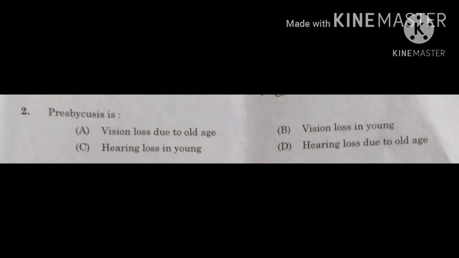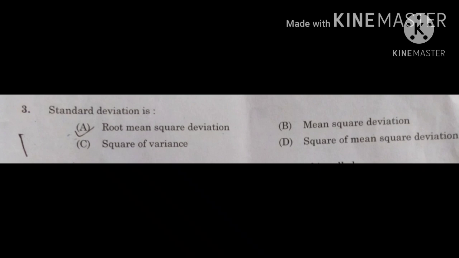As a person gets older and older, we can see hearing impairment, loss of hearing abilities gradually, and that condition is known as presbycusis. Okay, so the correct option is D. The answer is D. Let us discuss the next question.